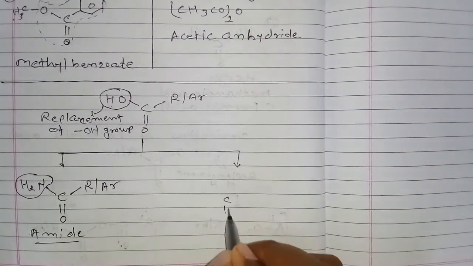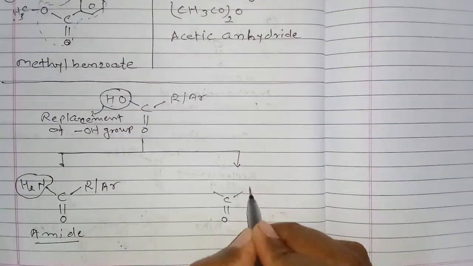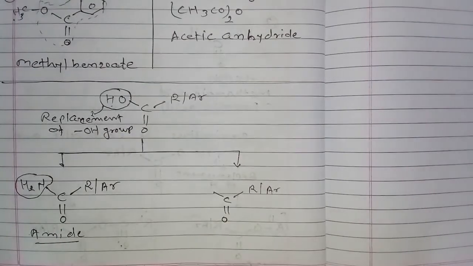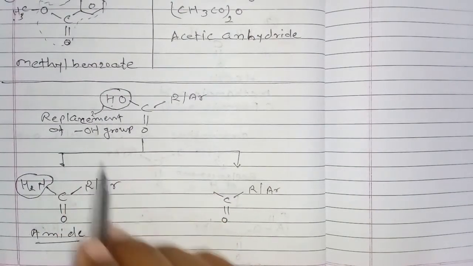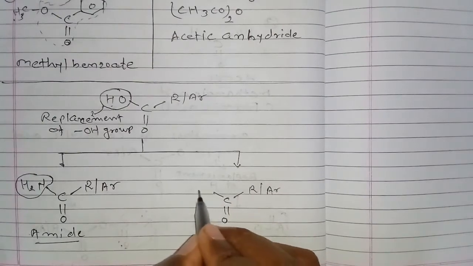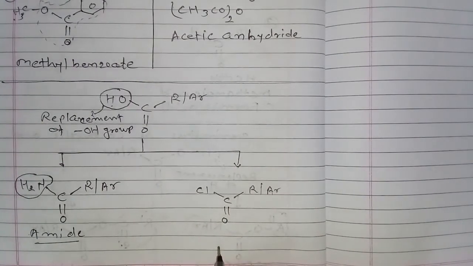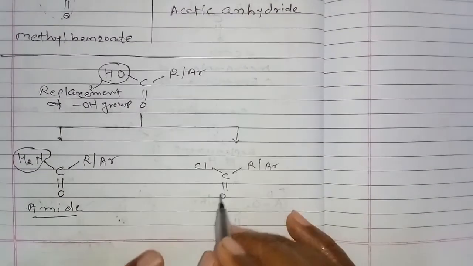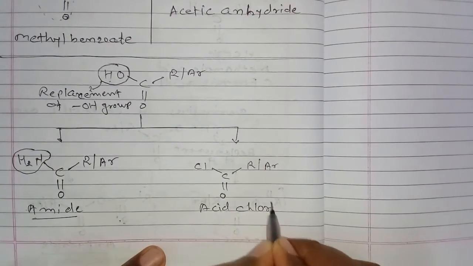While in the case of the other derivative, the hydroxyl group is replaced by a halogen atom or chlorine atom, and it is called an acid chloride.